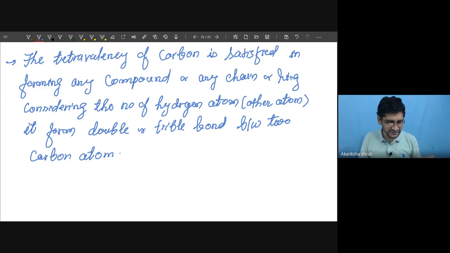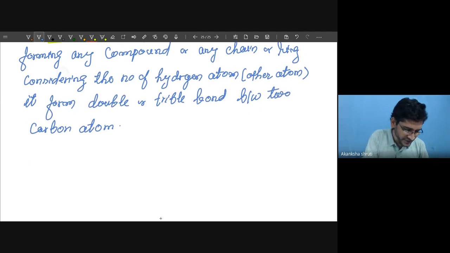So student, here I have loaded all the terms very heavily. First, the 2 or 3 rule I have clubbed together here. See how the bonding works. For following the bonding, tetravalency means if you are considering any carbon atom, it must be able to form 4 bonds, neither less nor greater. Let me take one.